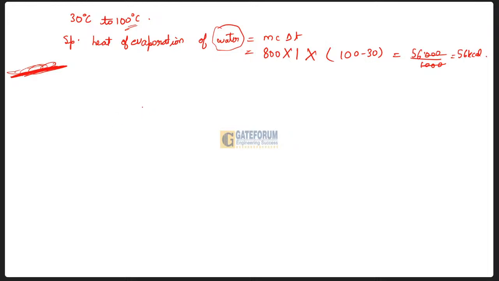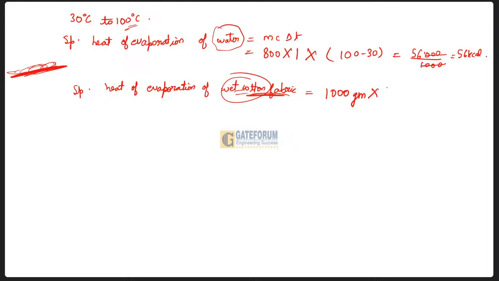The heat for the wet cotton fabric is mc delta T. Wet cotton fabric means not only water but the cotton fabric as well, so combining both these things. The weight of the fabric was how much? 1 kg. So 1 kg is 1000 gram.